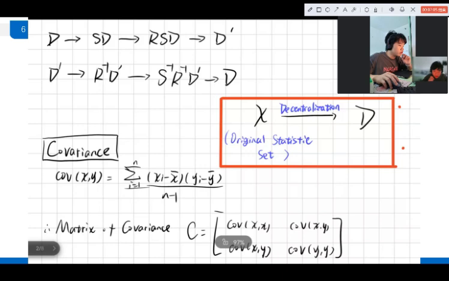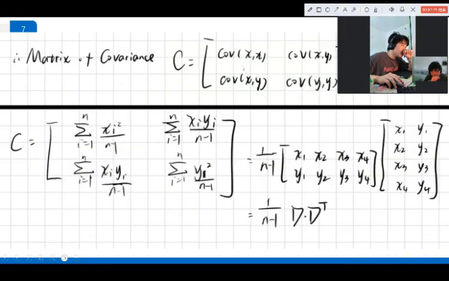So we could find the direction whose variance is the biggest. This is the covariance formula, and this is the covariance matrix. We simplify this form and separate the 1 over n minus 1 and get this form: C equals 1 over n minus 1 times D times D transposed.